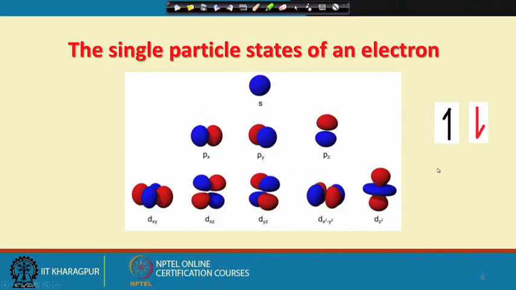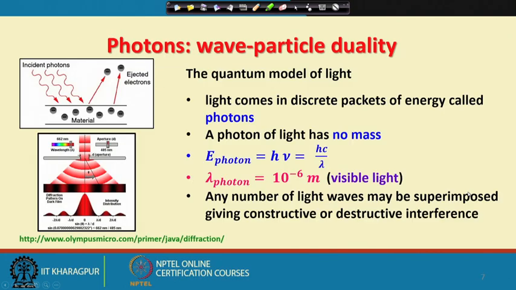Now that we have talked about the possible microscopic states of an electron in terms of the single particle states, let us now move over and talk about the wave particle duality. But maybe before that, let me go back and once again emphasize the fact.